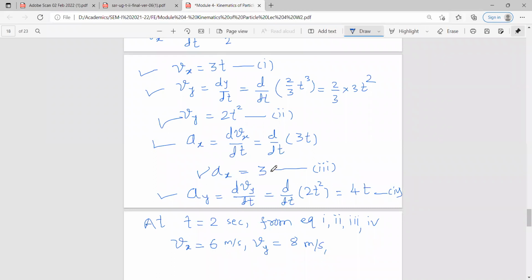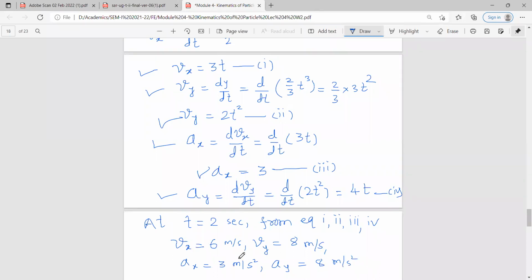So t has no concern there, it is constant, time can be anything, 2 seconds, 3 seconds. Acceleration in x direction is constant, so I will write down acceleration in x direction is 3 meter per second square. And acceleration in y direction, this fourth one, is 4t. 4 into 2 is nothing but 8 meter per second square.